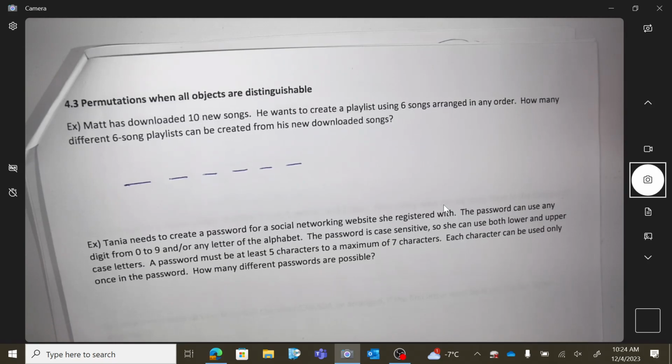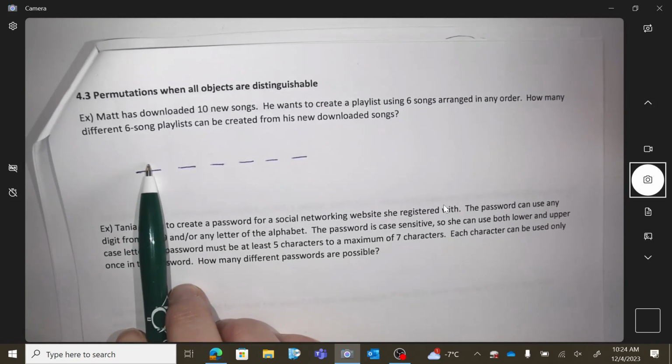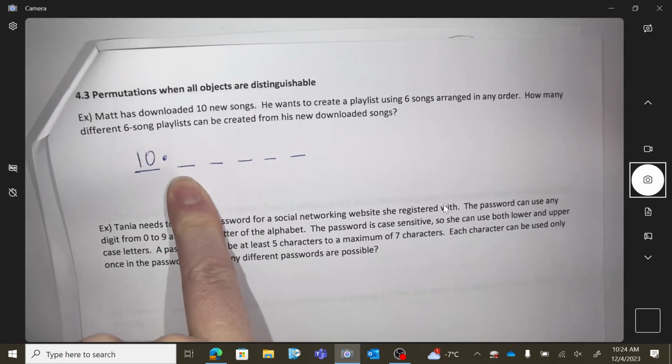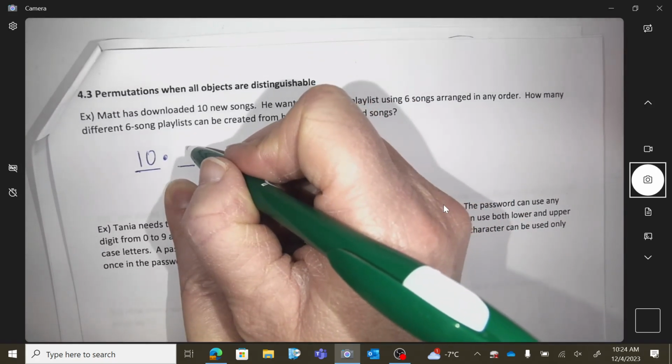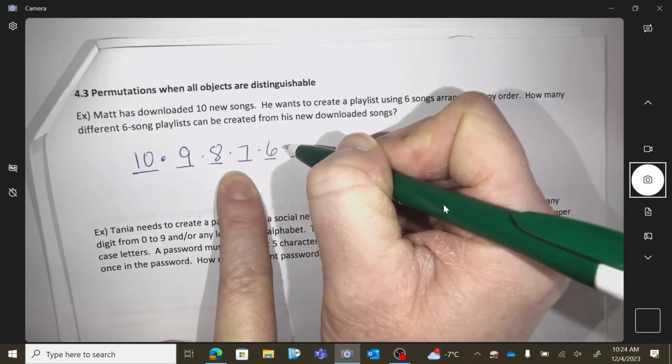Okay, so how many songs can I put as my first song? How many options do I have? 10. Then the next song on my playlist, how many options would I put there? 9, then 8, 7, 6, and 5.